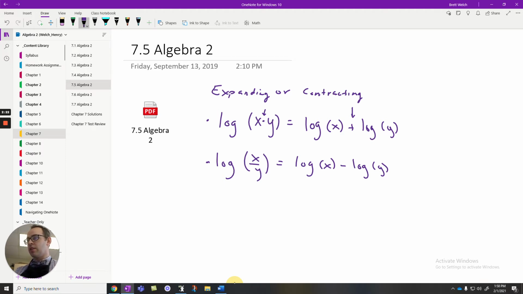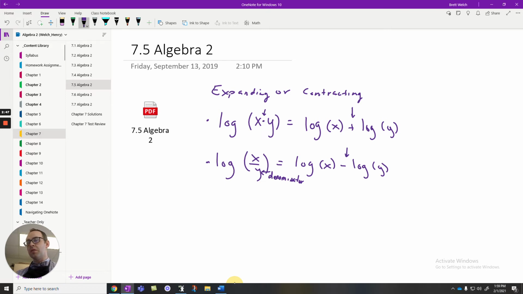That is the connection. However, what I really want to focus on is not division in general, but the word denominator. It's not so much that it was division, it's that it came from the denominator, and therefore we subtract between those logarithms. Why that matters is when you have more than one thing in the denominator of a logarithm problem, you're going to have more than one subtraction.